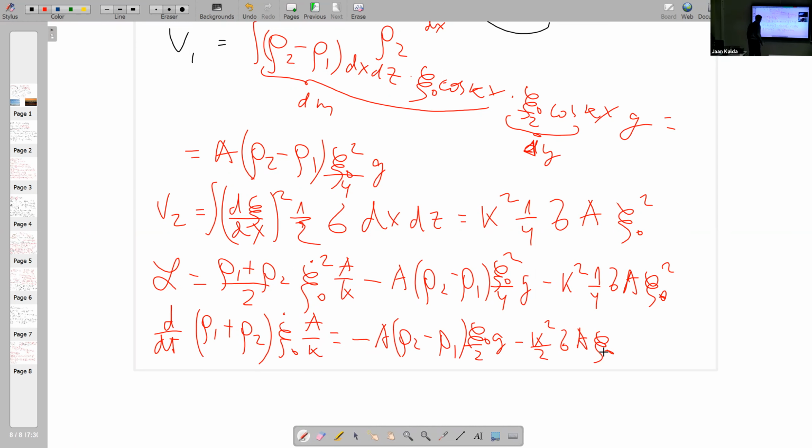And then the time derivative gives a second derivative of psi naught double dot over time. We can see that we have here actually a harmonic oscillator basically for psi naught.